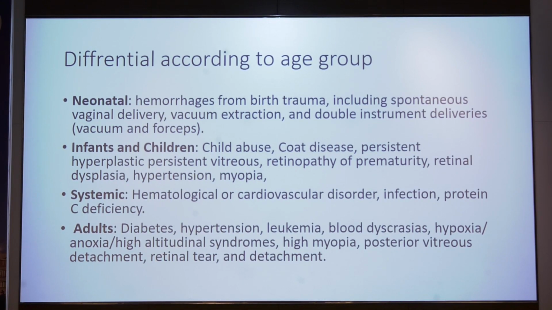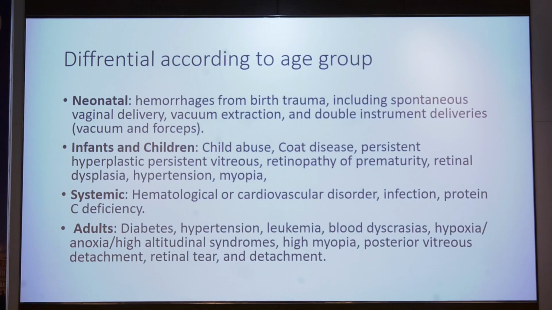If we differentiate according to age group, in neonates, hemorrhages are from birth trauma, including spontaneous vaginal delivery, vacuum extraction, and double instrument deliveries. In infants and children, we see child abuse, Coats disease, persistent hyperplastic primary vitreous, retinopathy of prematurity, retinal dysplasias, hypertension, and myopia. Systemically, hematological or cardiovascular disorders, infections, and protein C and vitamin C deficiency can also cause that.